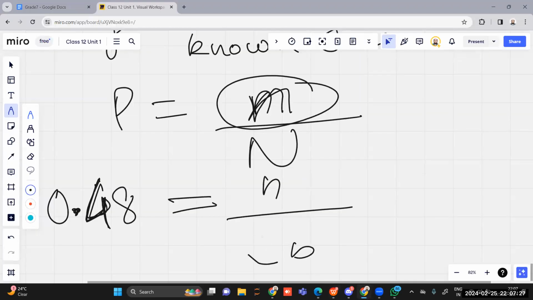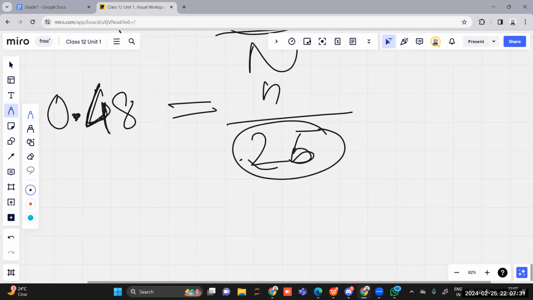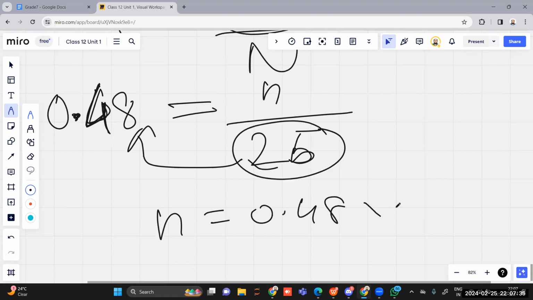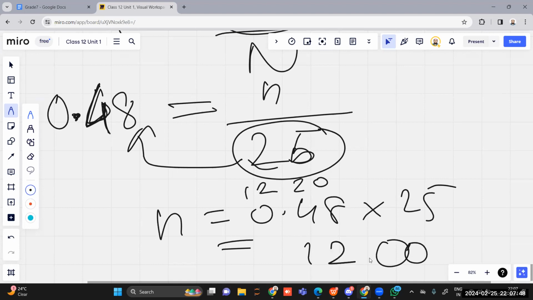Here it's in division, so when it shifts to the other side of the equals sign, it will be multiplication. So it will be 0.48 multiplied by 25. 25 eights are 200, 0, 20 carry; 25 fours are 100, 120, 0, 12 carry, and 25 0 0 12.